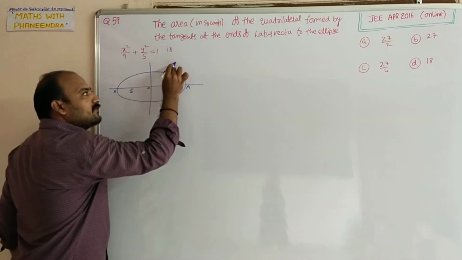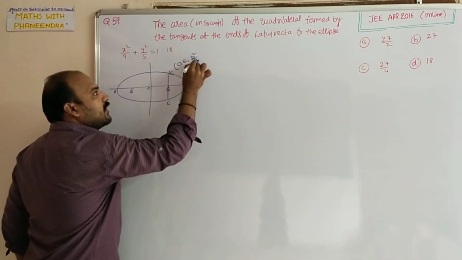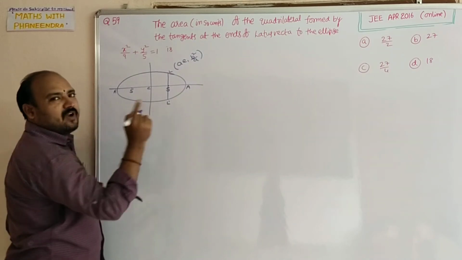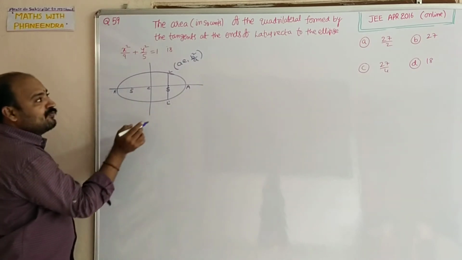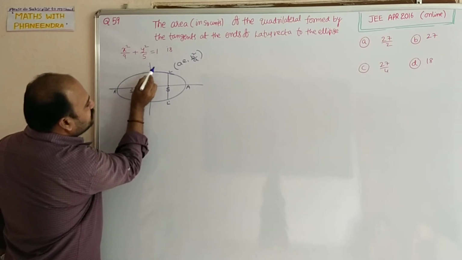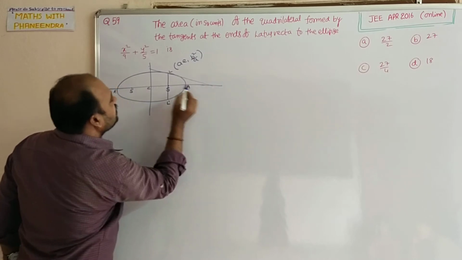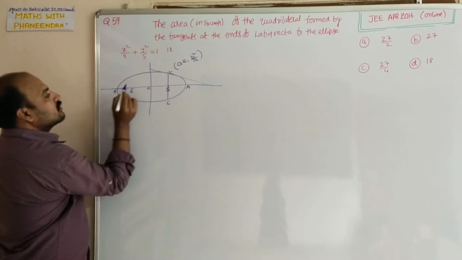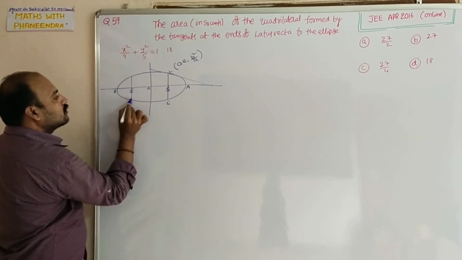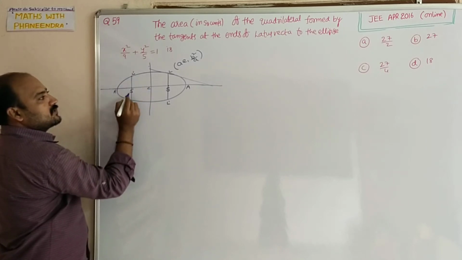What are the coordinates of L? AE comma B square by A, plus or minus B square by A. Any one of them you can take. Why? Because at this point tangent you have to draw that. You have to extend like this. So here also this is L dash, L1 dash.